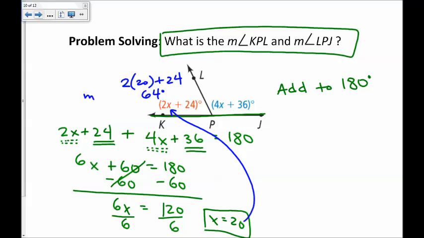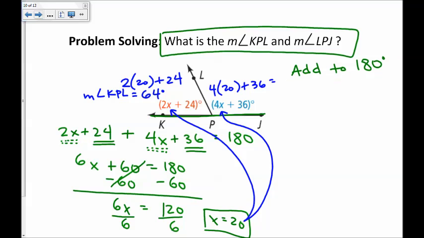The measure of angle KPL equals 64 degrees. I must also plug this into here. 4 times 20 plus 36 is, this is 80, plus 36 is 116 degrees. And so the measure of angle LPJ equals 116 degrees.